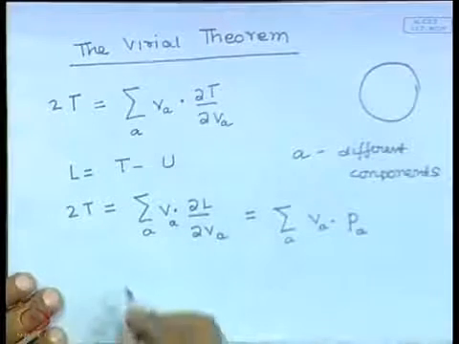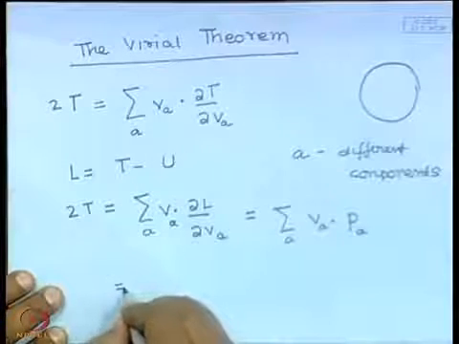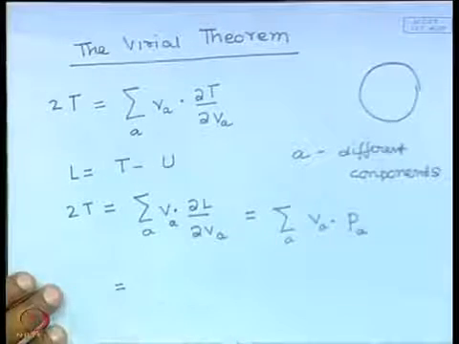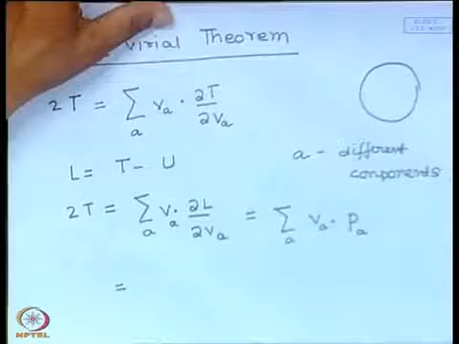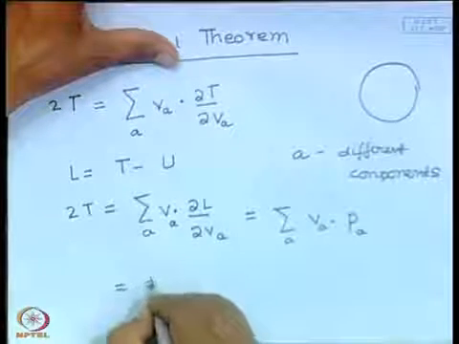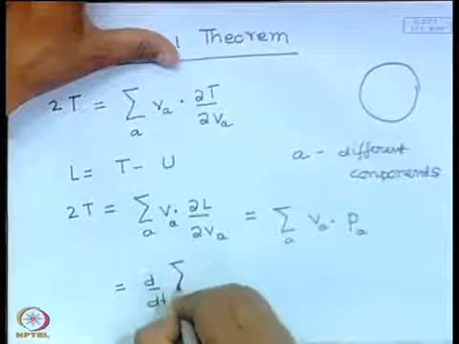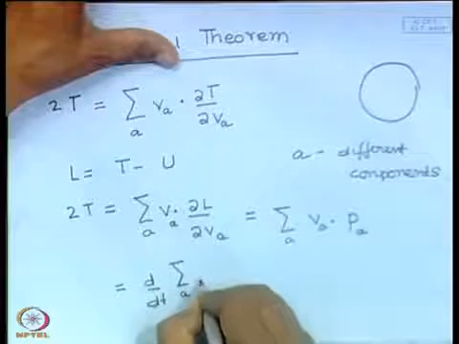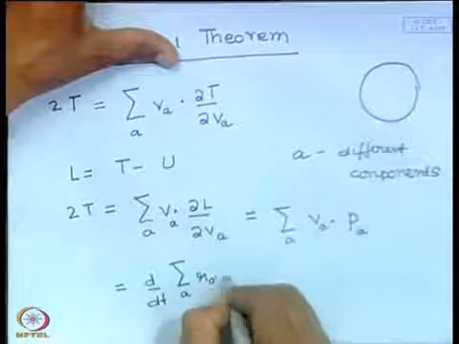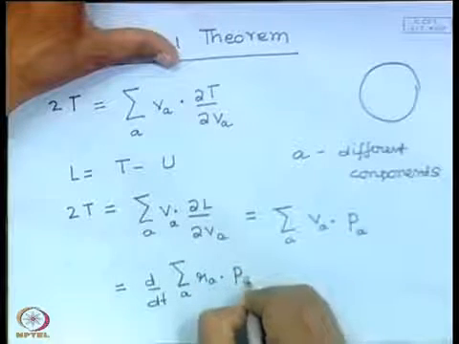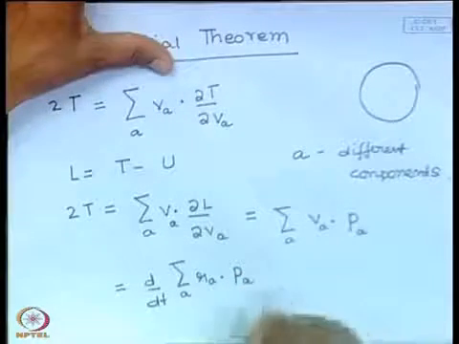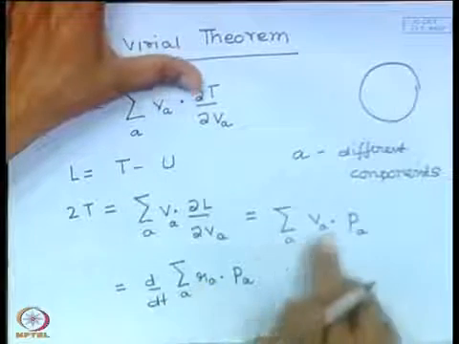And this can be written as a sum of two terms. Now, we can write it as d by dt of sum over A of r_A dot p_A. I can differentiate r, I will get back this term.